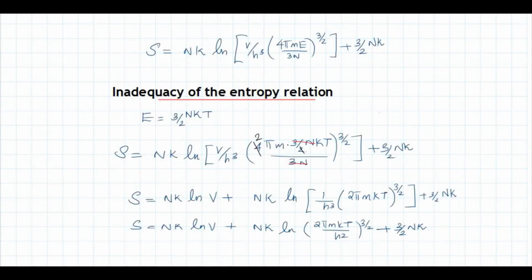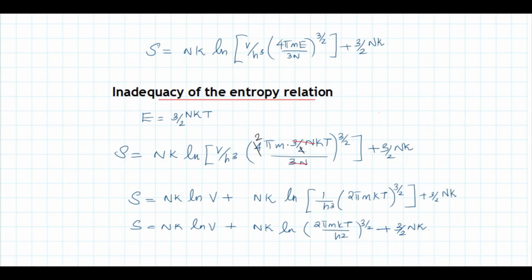The equation we derived for entropy, that is S is equal to nk log [V by h cube into (4 pi me by 3n) raised to 3 by 2] plus 3 by 2 nk, is actually incorrect. Even though we derived some thermodynamic properties using this relation, and all those relations are correct, there is something missing in this equation, and we will discuss that inadequacy of the entropy relation in this section.